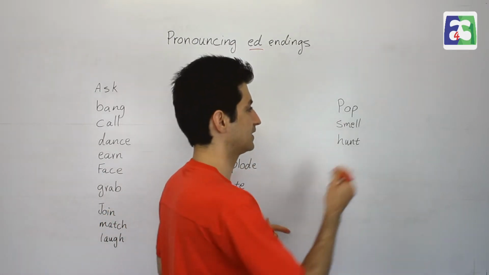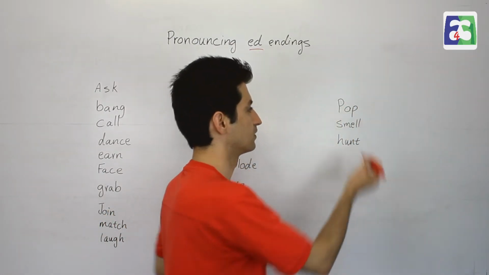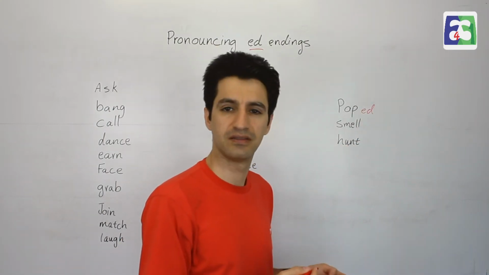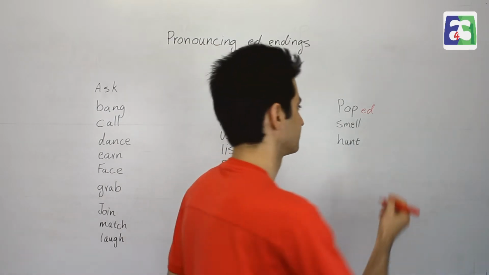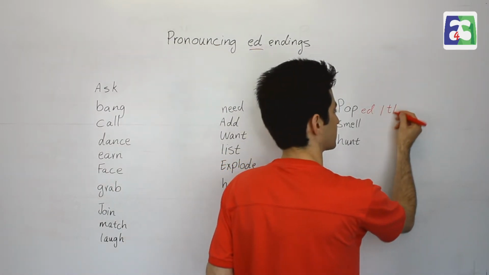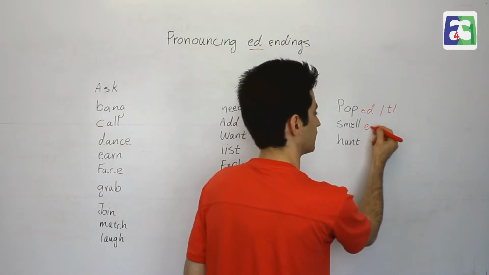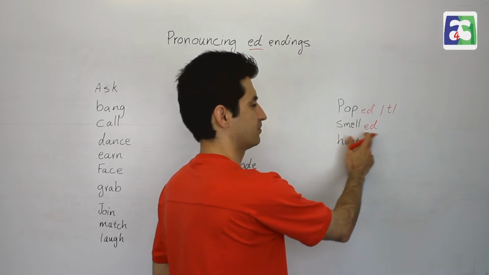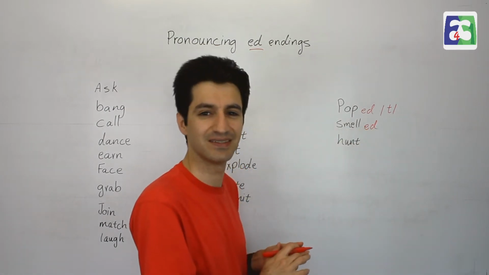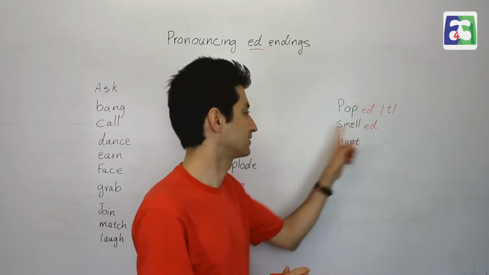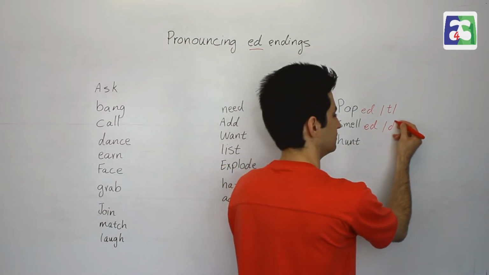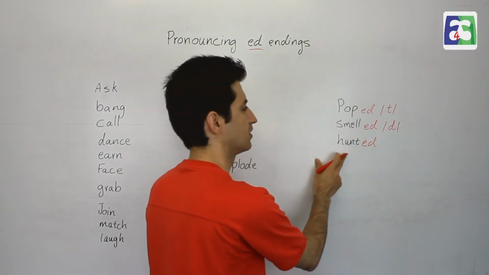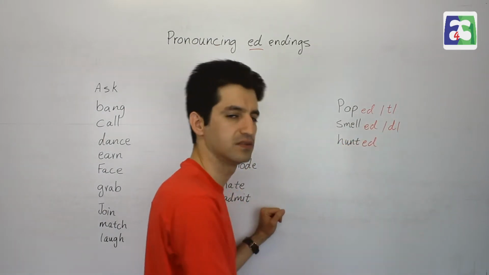Over here, if I add ed to these verbs, then the ed is going to be pronounced as t: popped, popped. So this is pronounced as t. And here, when I add ed to my verb, this is pronounced d, okay? Smelled, smelled. And when I add ed to this one, it's not t and it's not d.